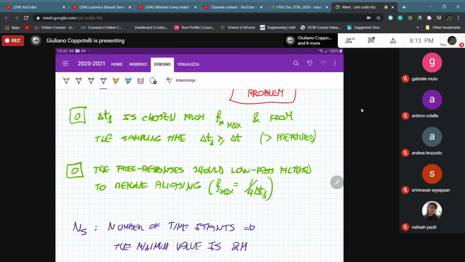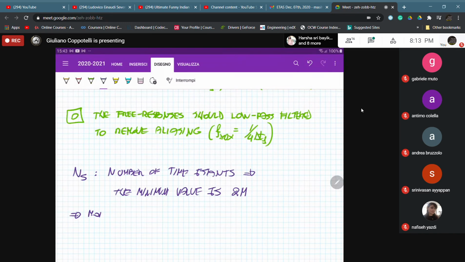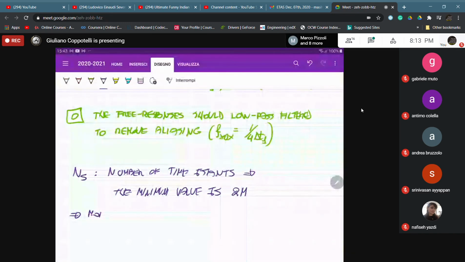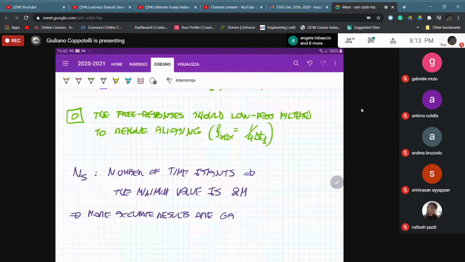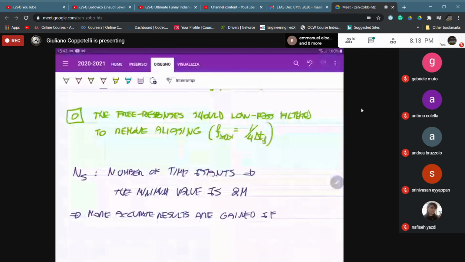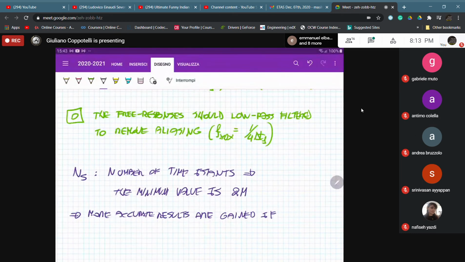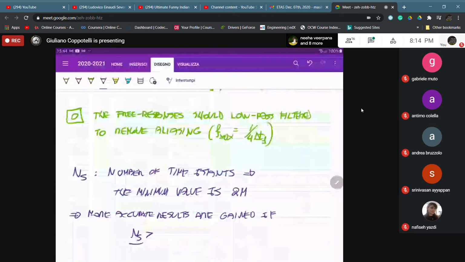Okay, actually more accurate results are gained if we consider that the number of sampling points is larger than, let's say, 2m.